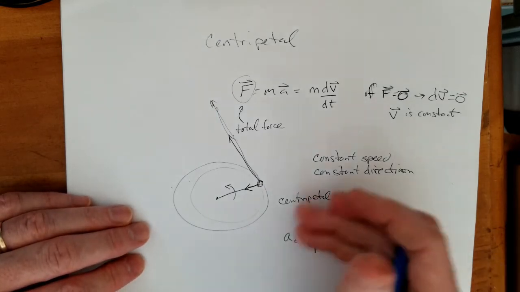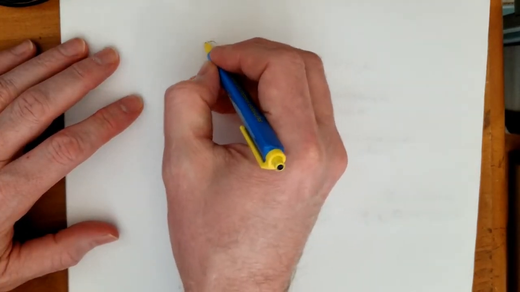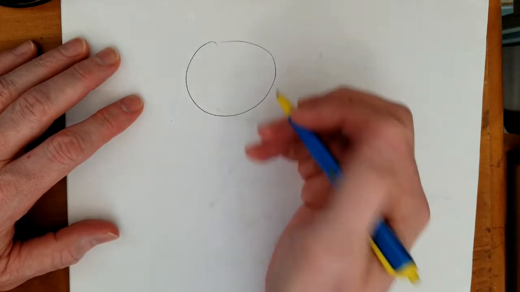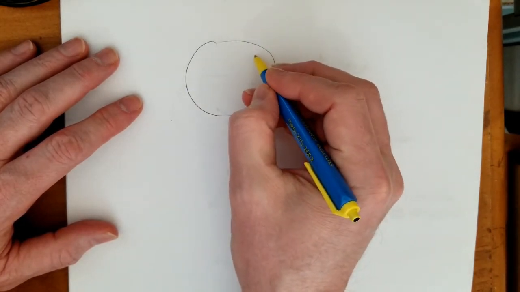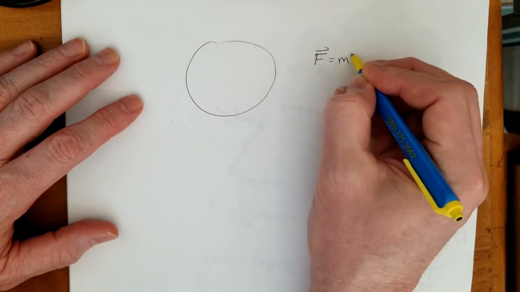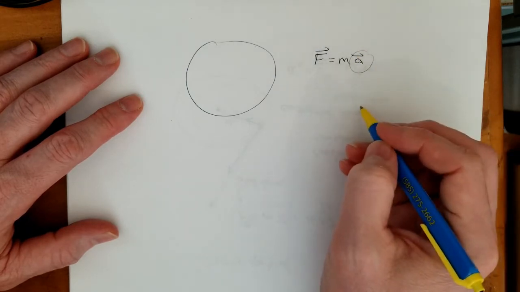So it is a centripetal force that is pulling it inwards. If you have something traveling in a circle, there must be some force causing it to do that. And when I plug into Newton's second law to get my equations of motion, that acceleration is centripetal.